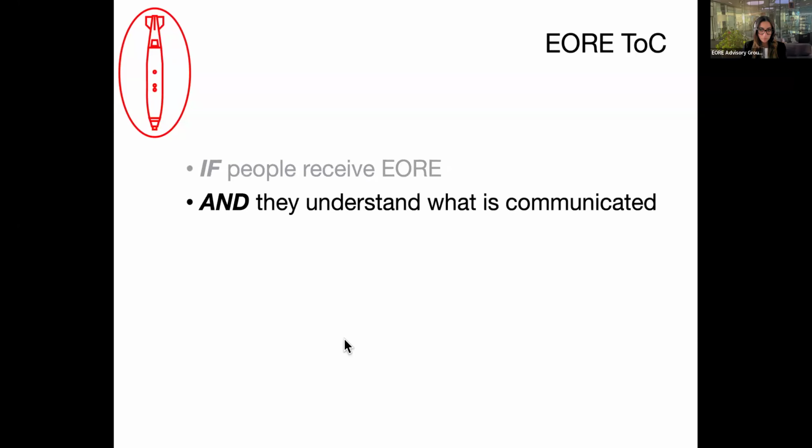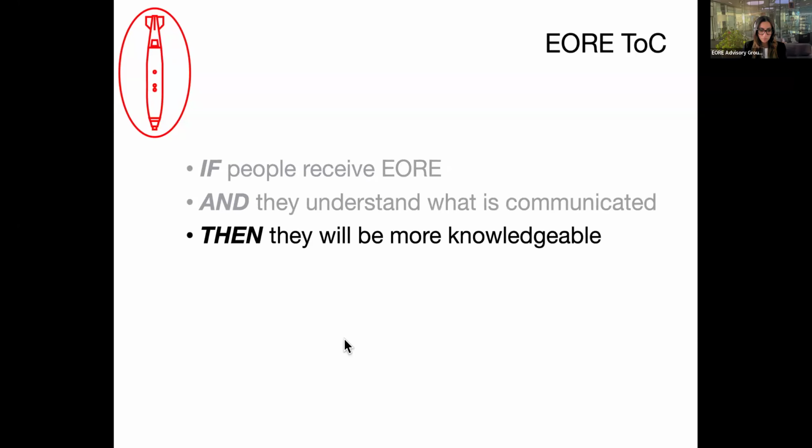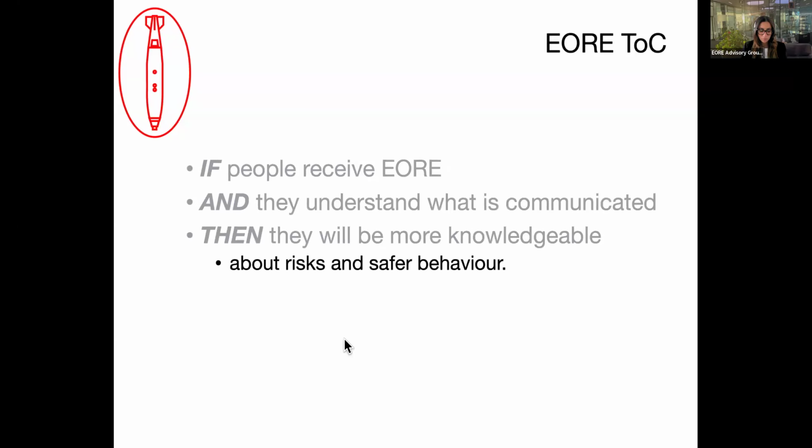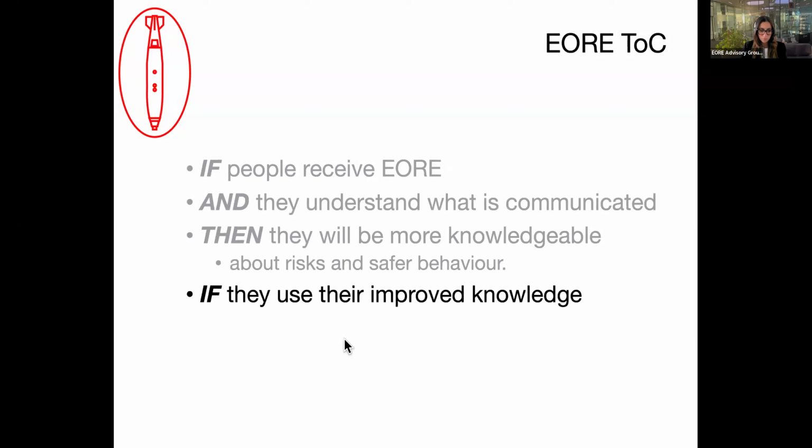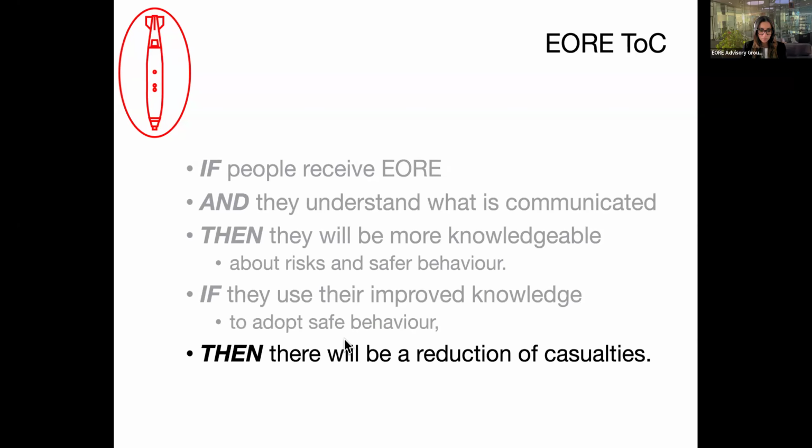Which leads to our theory of change. If people receive risk education and they understand what is communicated, then they will be more knowledgeable about risks and safer behavior. If they use this improved knowledge to adopt safer behavior, then there will be a reduction of casualties.